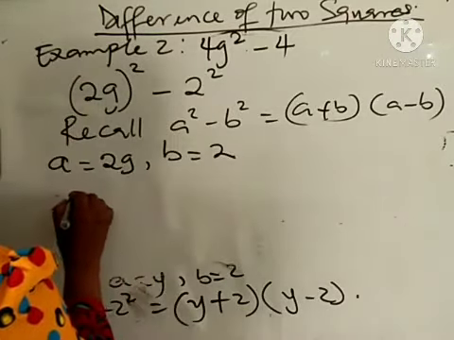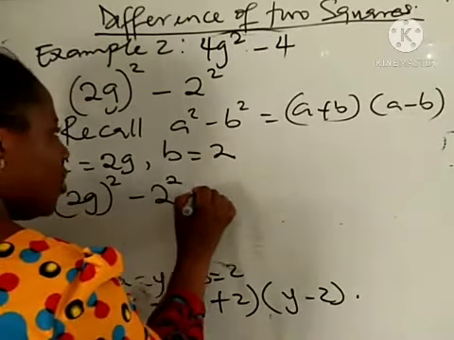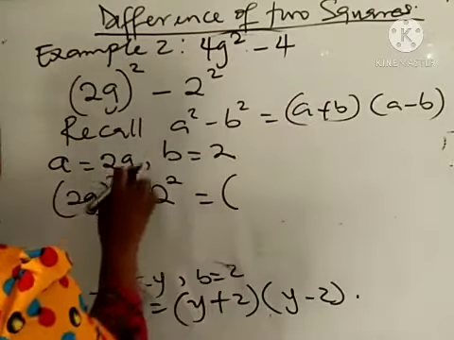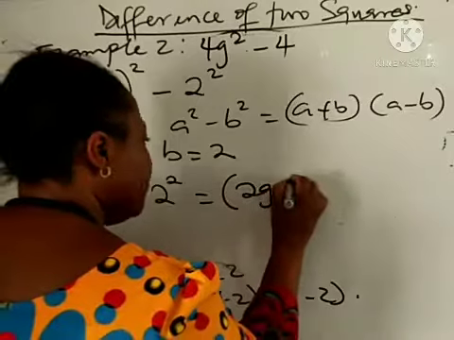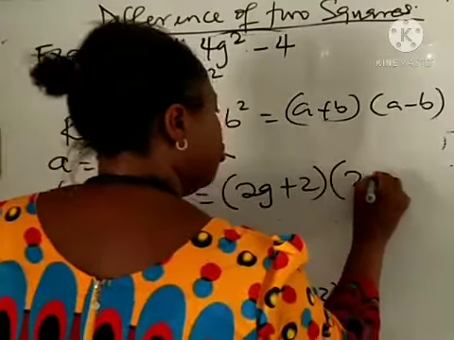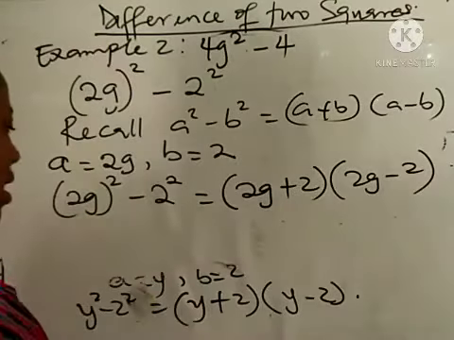So I can now have 2G all raised to power 2 minus 2 square will give me, what is my A? My A is 2G plus, what is my B? 2, 2G minus 2. So that will be the answer.